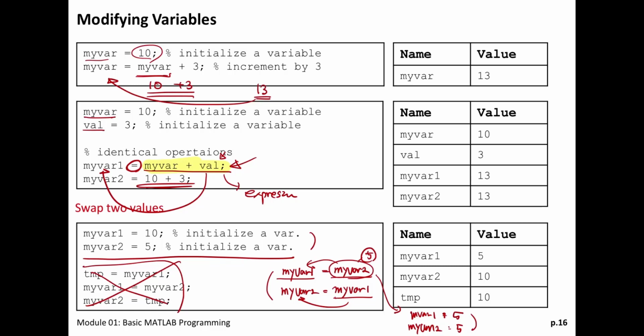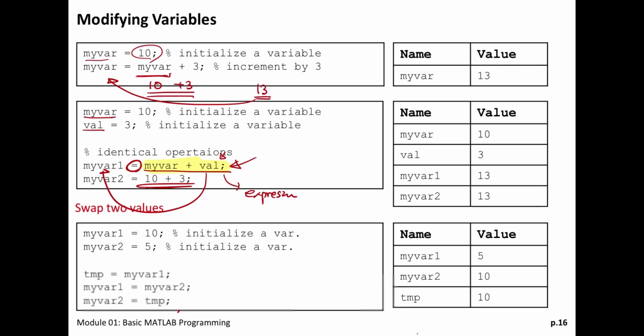So the way of swapping the values is you define another variable and assign my variable 1's value to it. Then you assign my variable 2's value to my variable 1, and then my variable 1 is already overwritten.